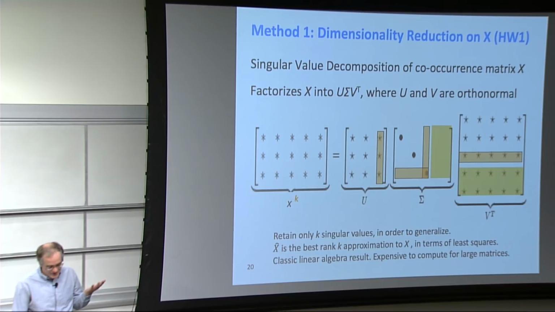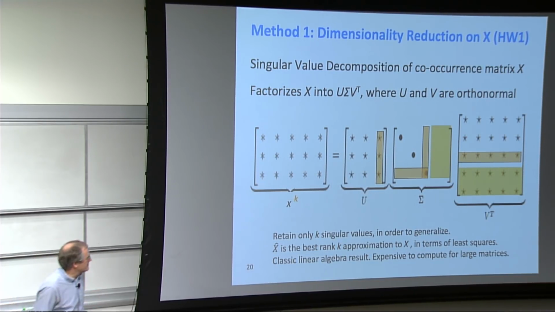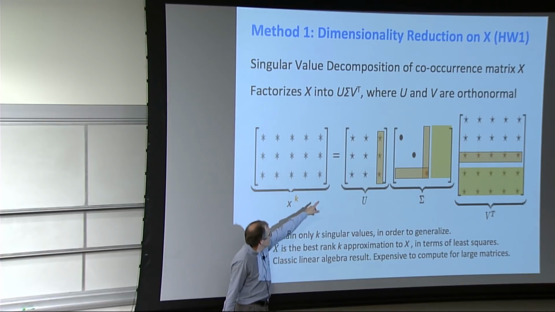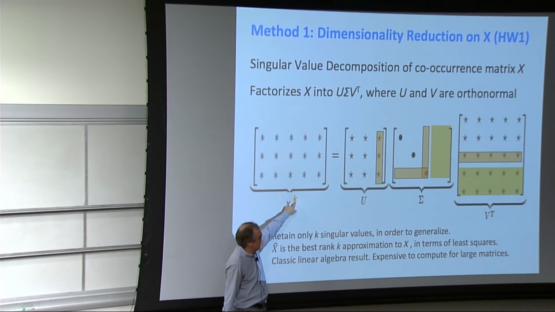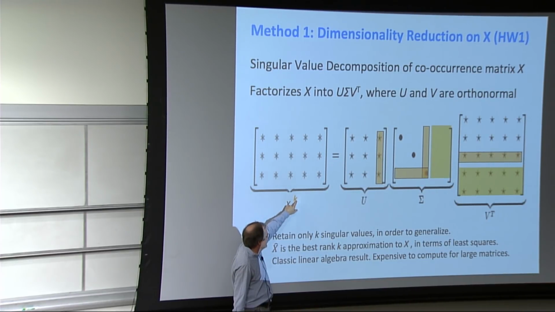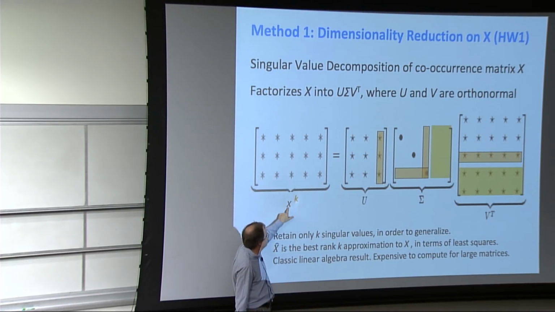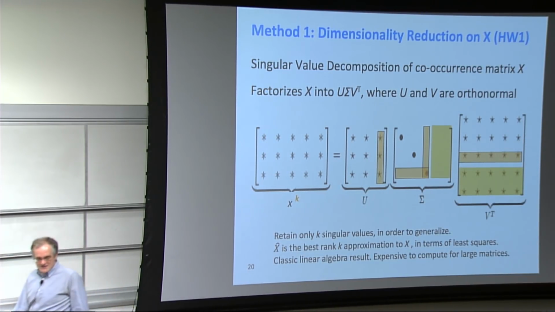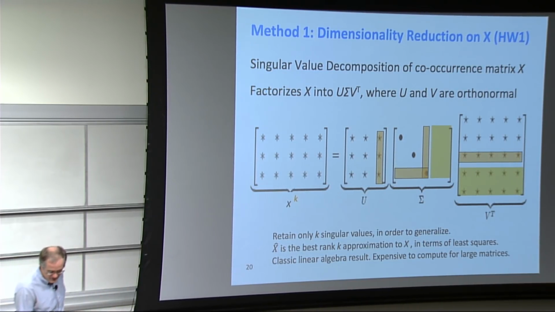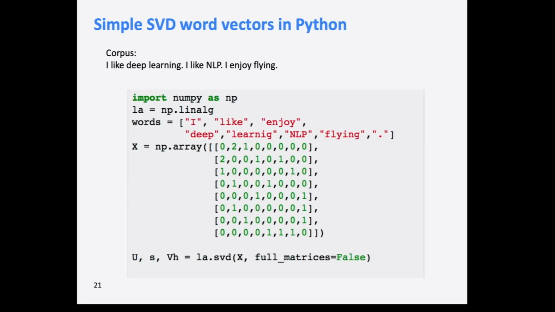And the classic result is that in terms of least squares error in estimation, the product of these three things will give Xk, which is the best rank k approximation to the original X in terms of a least squares criterion. So we could do this and we could build word vectors.